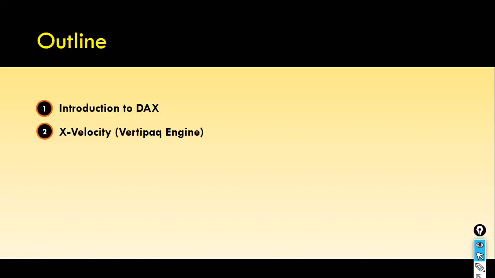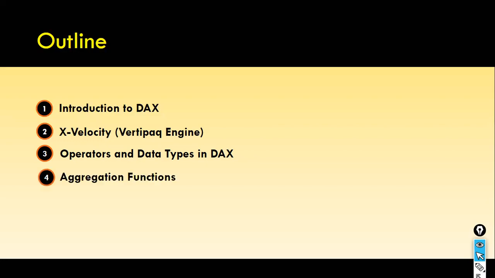Next one is the operators and data types. Moving on, we will dive into the operators and data types in DAX. We will also learn about various operators available for performing calculations and comparison. If time permits, we'll discuss the arithmetic operators for basic mathematical operations and the comparison operators for making logical comparisons.